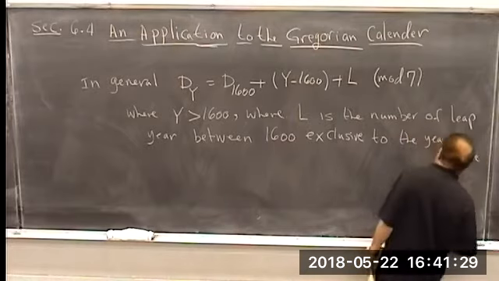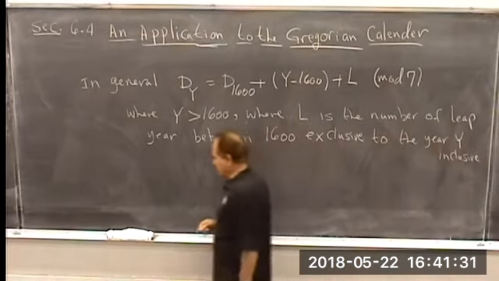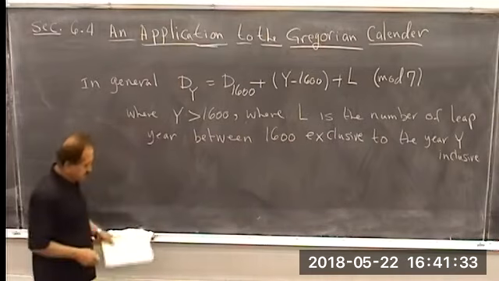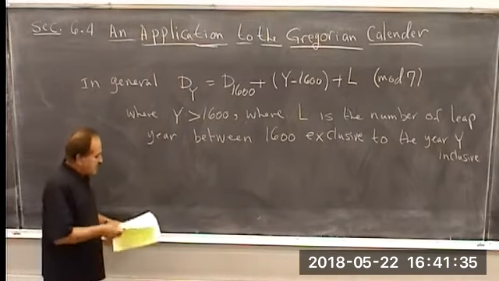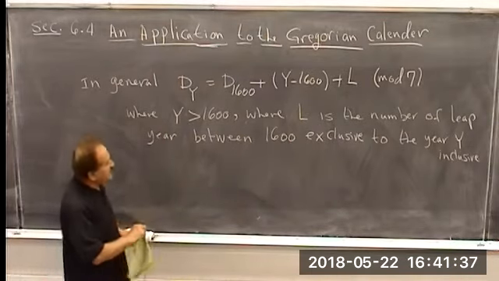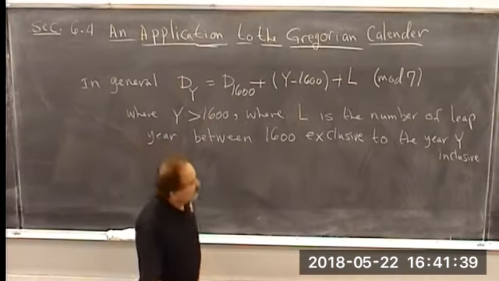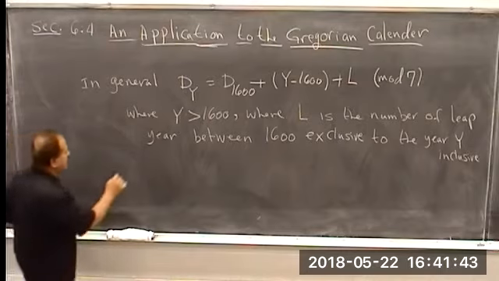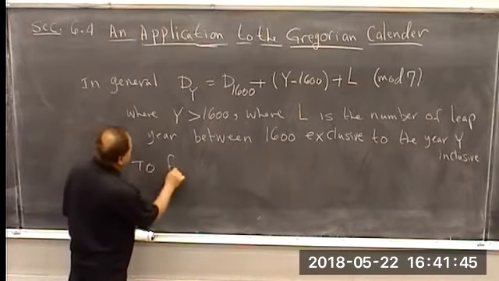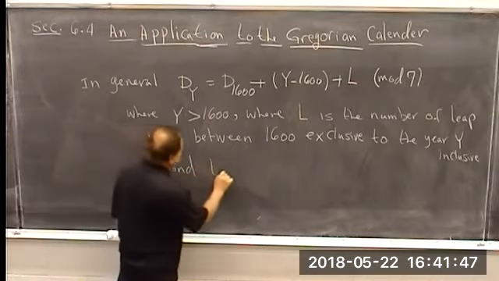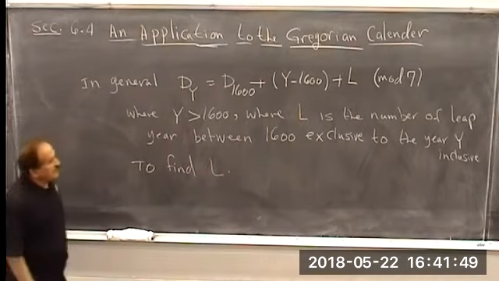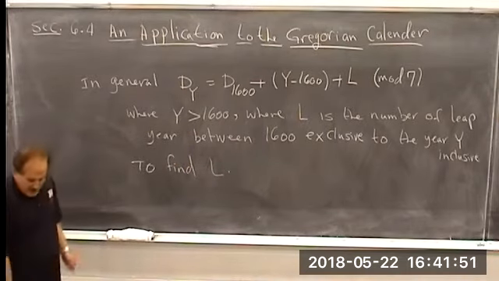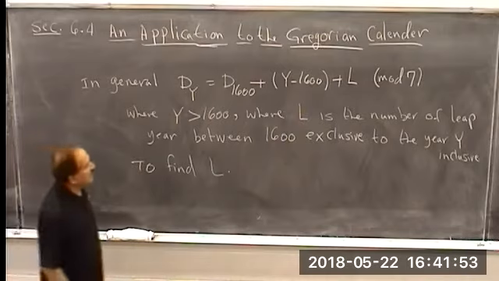We have to include the year if it happens to be a leap year. So our next objective is to find L. We need to count how many leap years there are.